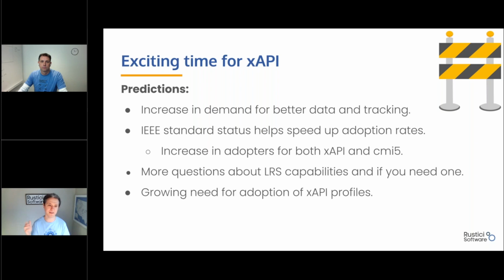We're going to need exemplar examples of profiles working for specific industries. We're going to need thought communities around how to build them, how to maintain them, how to steward them, how to grow them. Vendors can't always be looking at xAPI as a custom built data layer with a translation.